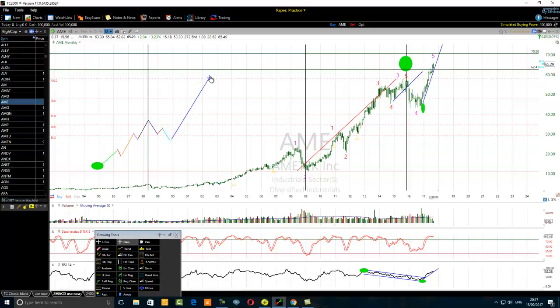Not guaranteed. Likely. High probability that when we see an impulse wave without any Elliott wave violation, and we recognize that the following wave after that impulse wave is also a corrective wave, we can predict that the third move, the third price action, is also likely to be an impulse wave.